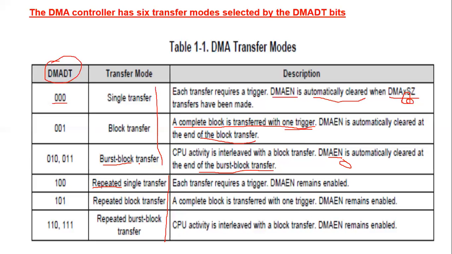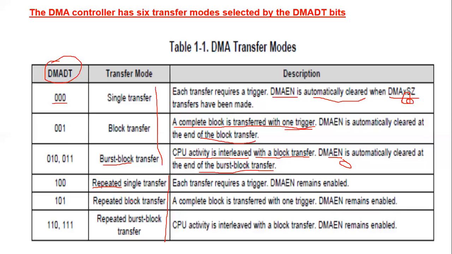Burst block means CPU as well as block; both will be operated. That's why it is called CPU activity interleaved, meaning combined with block transferred. So once all the blocks are transferred, DMA enable automatically becomes 0.